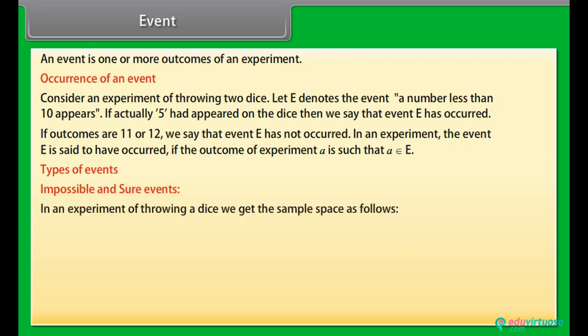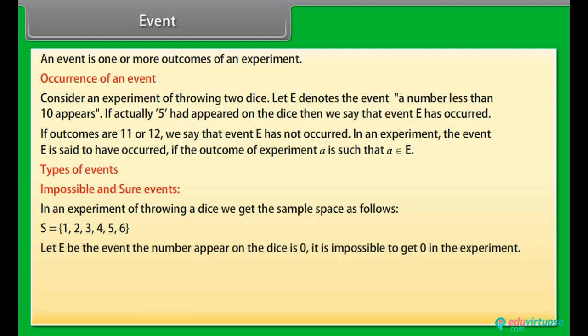In an experiment of throwing a dice, we get the sample space S is equal to 1, 2, 3, 4, 5, 6. Let E be the event the number that appears on the dice is 0. It is impossible to get 0 in the experiment. Thus the event E is equal to phi, an impossible event. It is also called empty set.